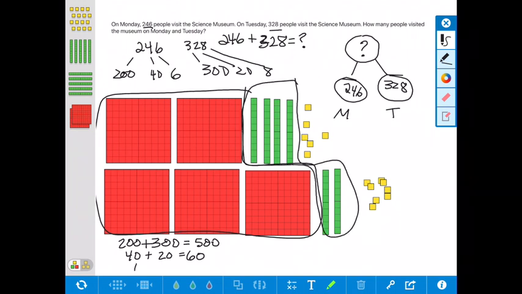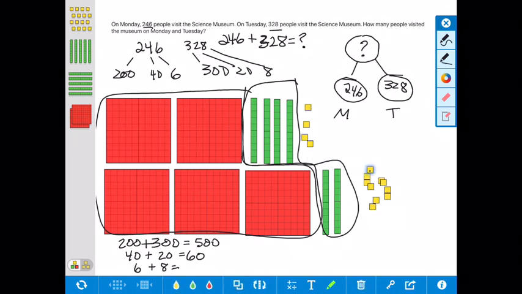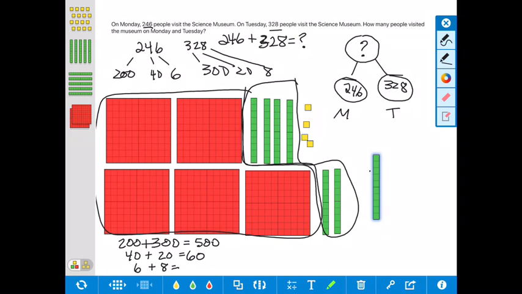And then we have 6 ones plus 8 ones, which can be reorganized into a 10 and 4 ones, which is 14.